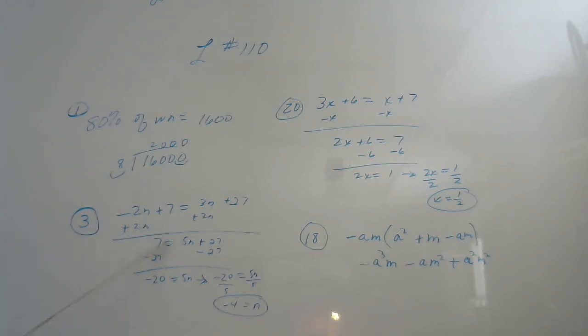I'm left with 7. 3n plus 2n is 5n plus 27. I'm moving once again 27 over here. It's positive, so I have to subtract. Subtract 27 from both sides. I end up with negative 20 equals 5n. Well, then over here I'm going to rewrite it, and I'm going to divide both sides by 5. And if I do that, I end up with negative 4.